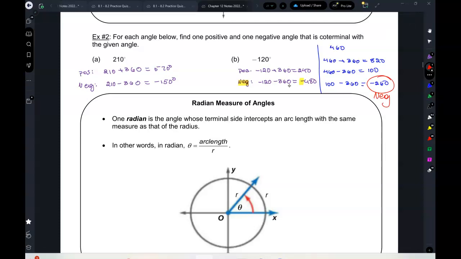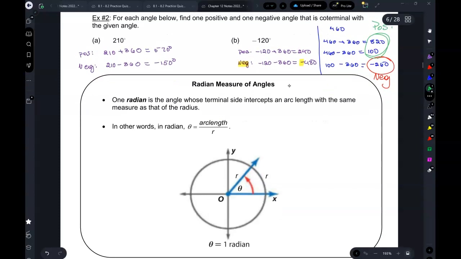But if in getting to that from your original angle, you stopped by some positive ones, those also can work as a positive coterminal angle. So both of those can work for the positive coterminal angle. If along the way you pass some that fit, then it fits.